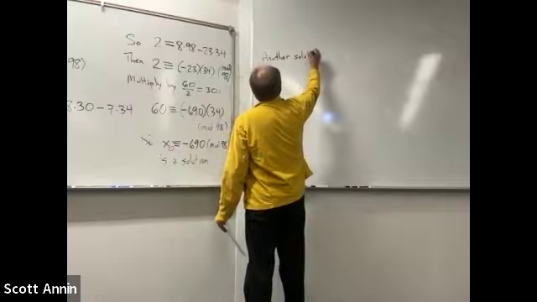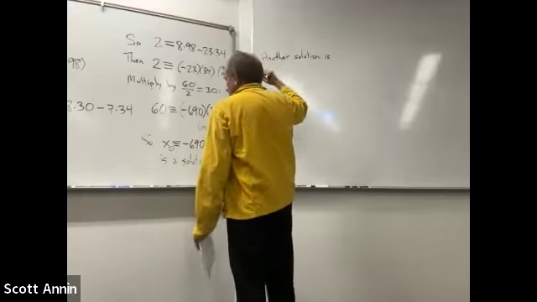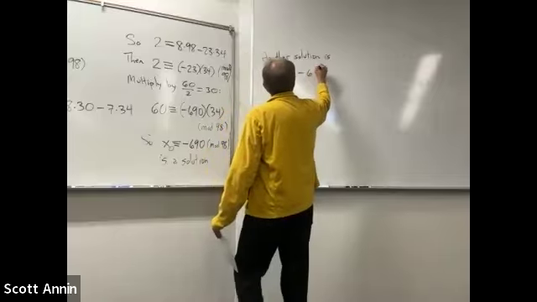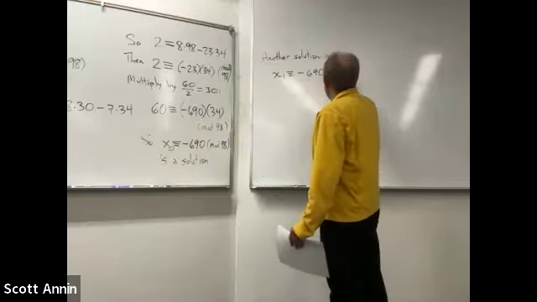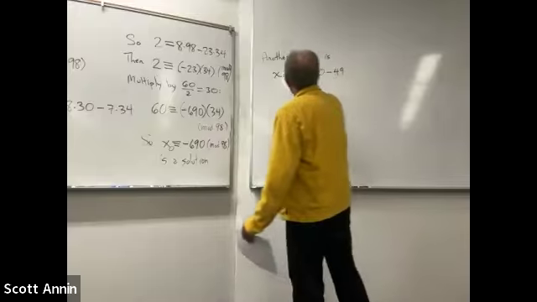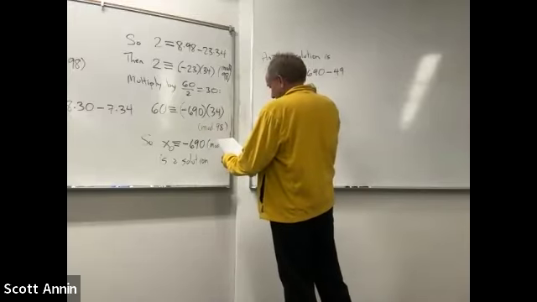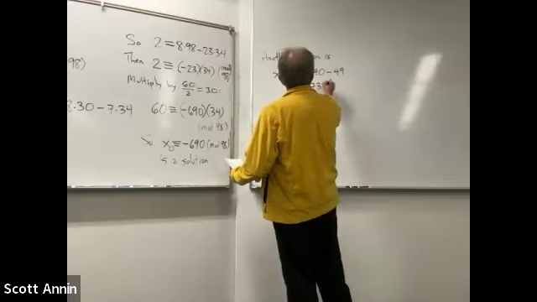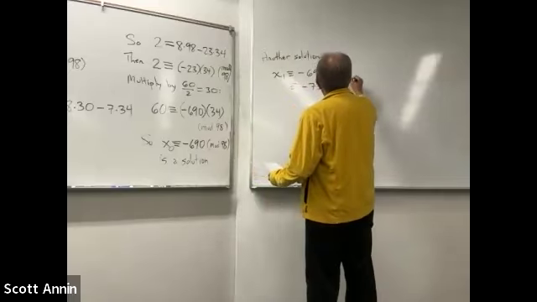I'll just call it x1, which would be congruent to negative 690 minus 49, which is negative 739. And this is in mod 98.